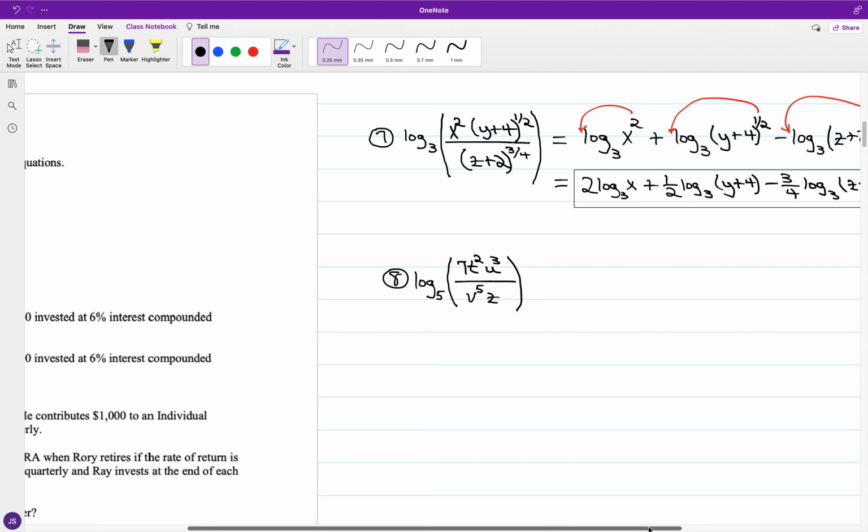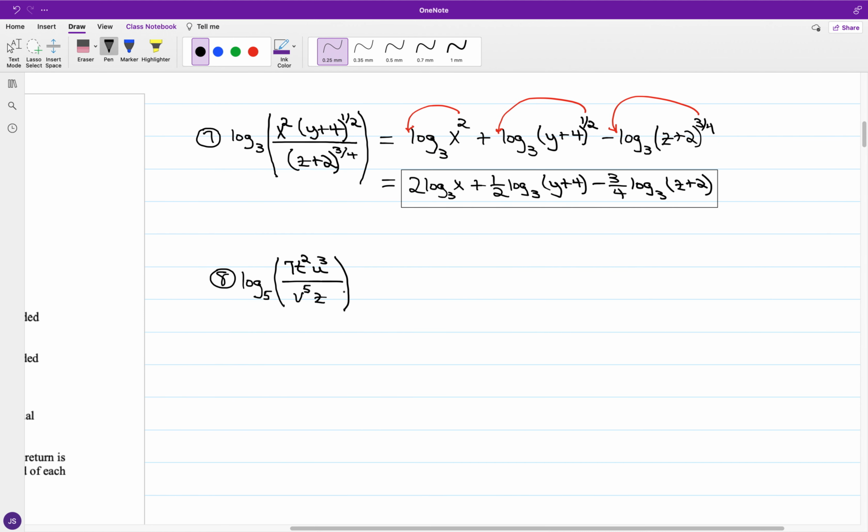So this time we have 3 factors at the top, 2 on the bottom. And if I work with what is at the top first, the first factor is going to be the number 7. So you have a base 5 logarithm of 7, and 7 is not a multiple of 5, and it is not an integer power of 5, so the base 5 logarithm of 7 is going to remain as it is. And next in line, plus the base 5 logarithm of t squared.